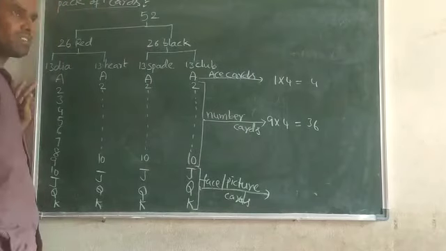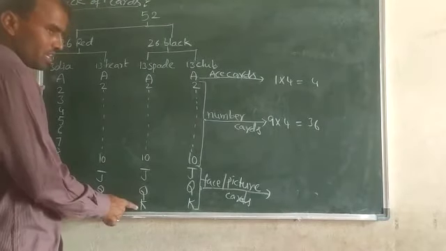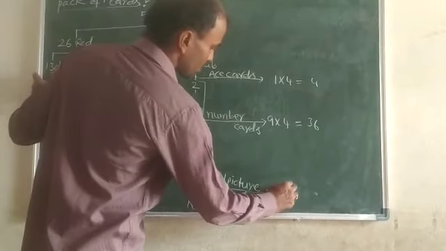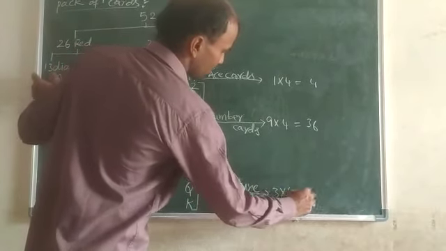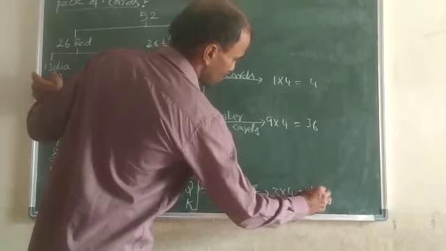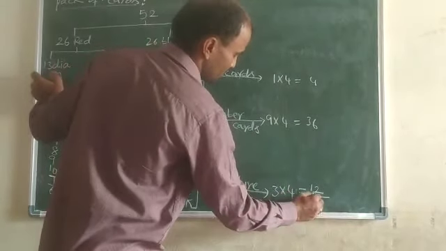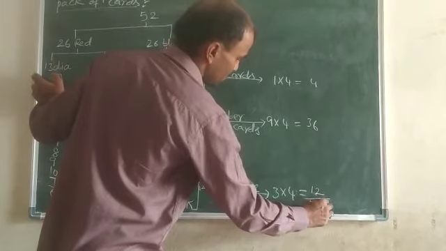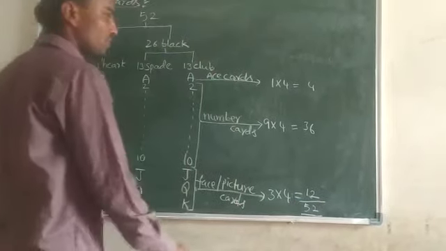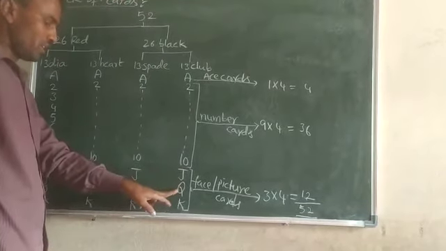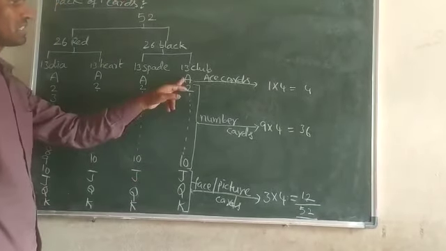Next, picture or face cards: J, Q, K. In each set we have 3 cards, and we have 4 sets. Total 3 4s are 12. Add 4 plus 36, 40, plus 12 is 52. Total 52 cards. J is jockey, Q is queen, K is king, A is ace card.